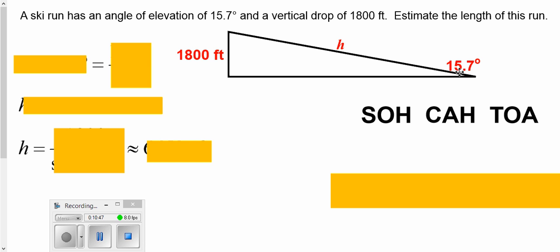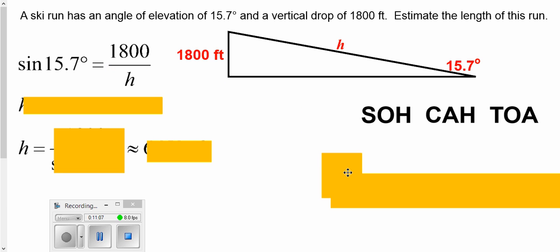So as we look here, we have our angle, we have our opposite side, we have our hypotenuse, and then you want to use SOH CAH TOA. Opposite and hypotenuse is sine. So you'll go the sine of your angle equals your opposite side over your hypotenuse. Multiply both sides by h to get h out of the bottom.